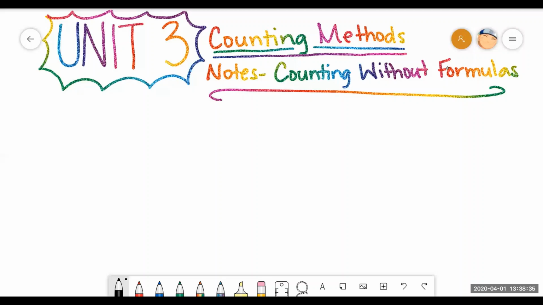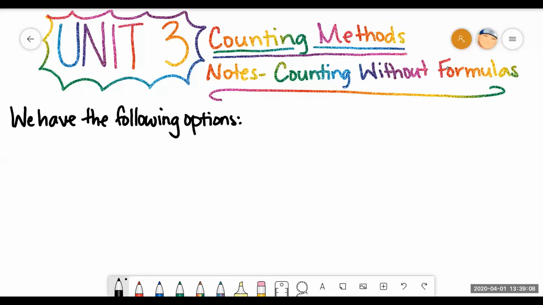A lot of you had different methods, and I really like that so many of you were using color and lists. For the most part, in combinatorics and in counting methods, when we're working with these types of combinations, we have pretty much 3 options that I'm going to share with you today. As many of you did, we had lists.